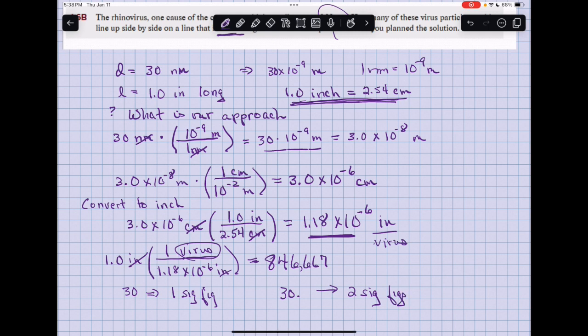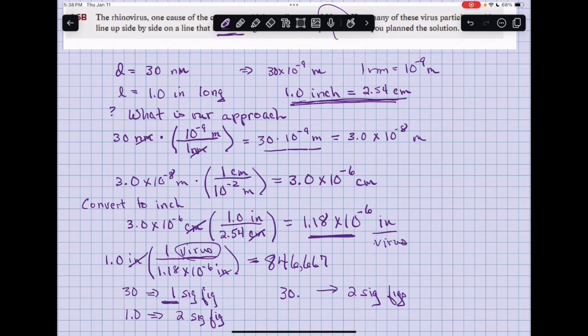All right, so 30 has one sig fig. The length in inches is 1.0. That's got two significant figures because we count the 0 after the decimal point. And so we've got one sig fig in the calculation as the minimum number. So that means our answer really should only have one significant figure.